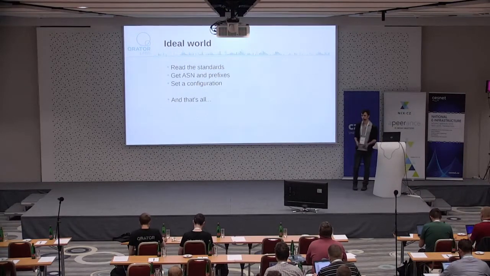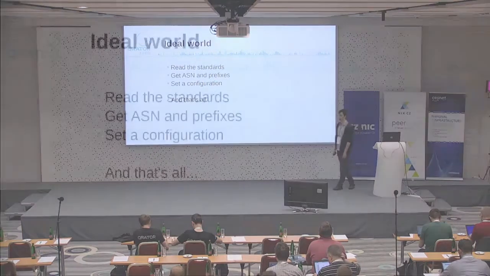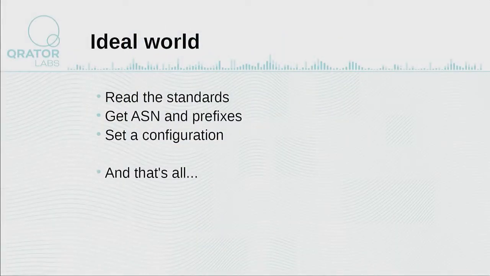But let's move to the imagined world. I'm a beginner ISP. What do I want to do? I just became a LIR and bought some IP address block from my provider, and also registered my own ASN. I just want to make an announcement of these prefixes to the world. I don't even want to set up a configuration by myself.